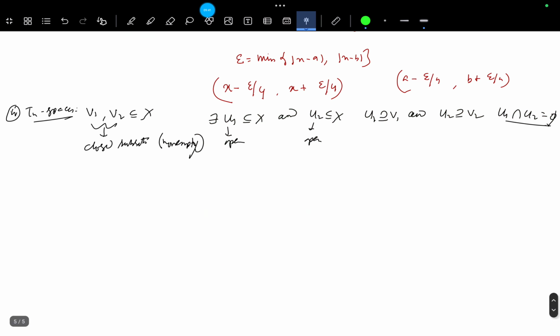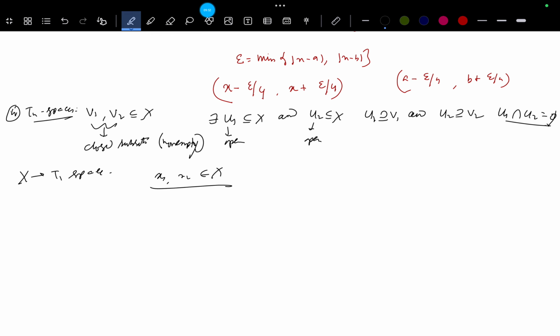Let us consider that capital X is a T1 space, and take x1, x2, any two distinct points. Then I can do this: the complements of {x1} and {x2} are open subsets.